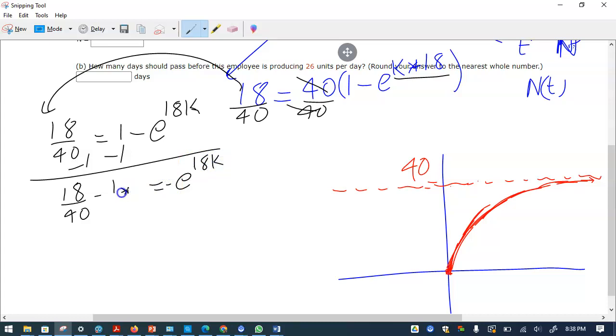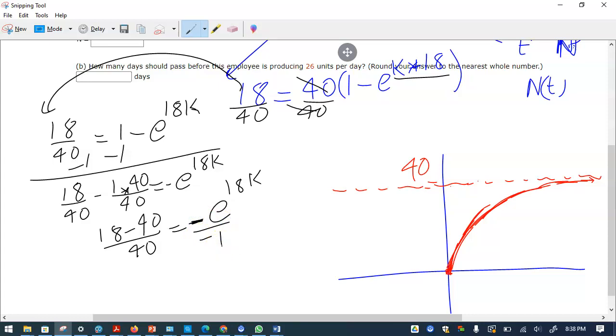Now I'll get the same denominator, because there's a 40, so this whole thing becomes (18 minus 40) divided by 40 equals minus e raised to 18k. I should have directly divided by minus 1.